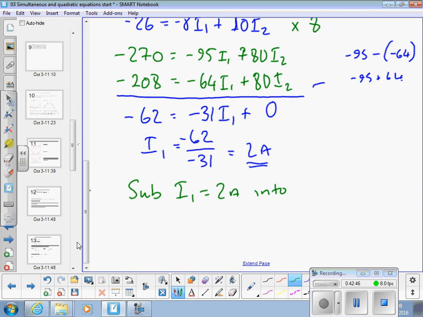Which equation is that, 1 or 2? Equation 2. So we go minus 26 is equal to 2I2. Actually, is there a better one we could choose? One of the multiplied 8 ones. Yeah.